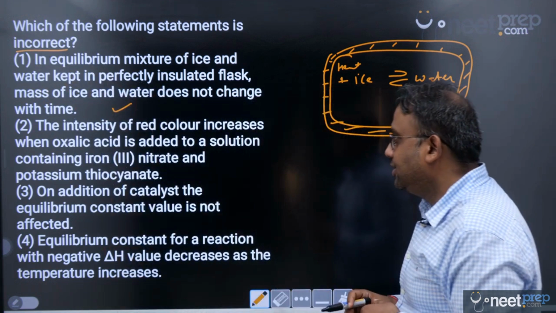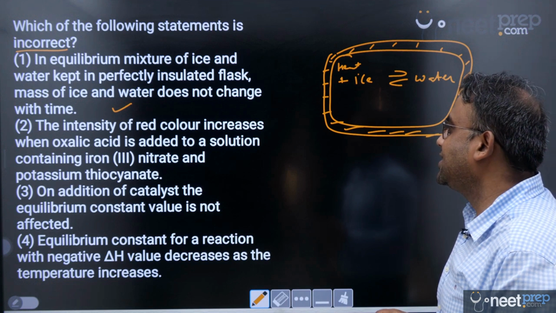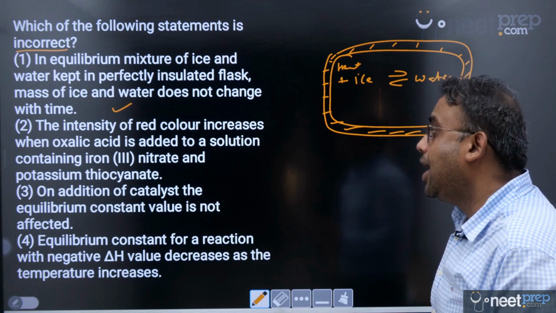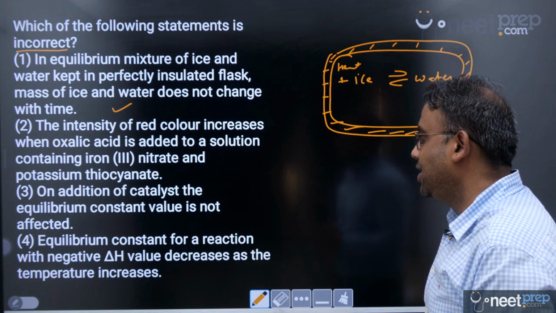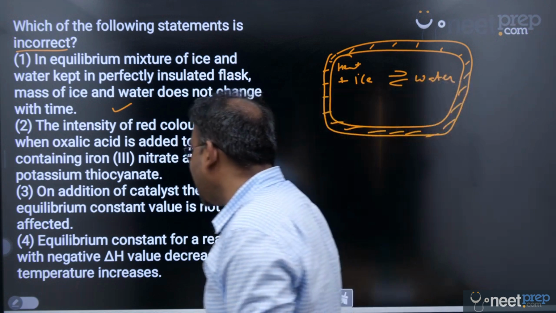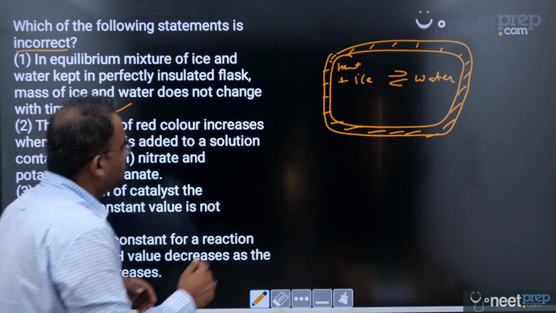Let's go further then. The intensity of red color increases when oxalic acid is added to a solution containing iron(III) nitrate, which is ferric nitrate, and potassium thiocyanate. All right, let me give you some information related to the second point.